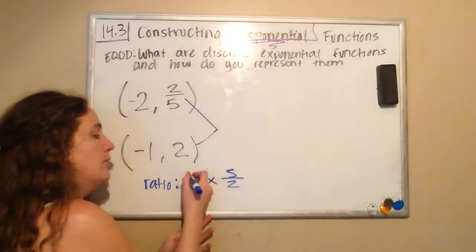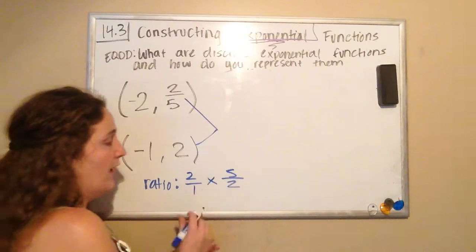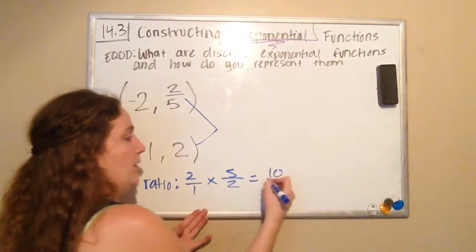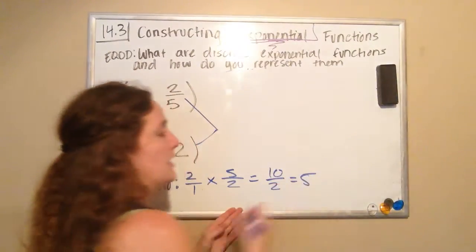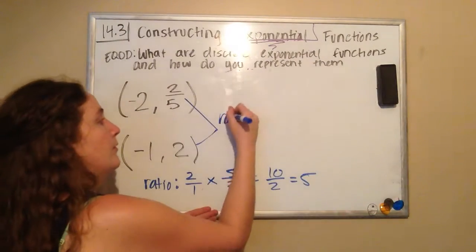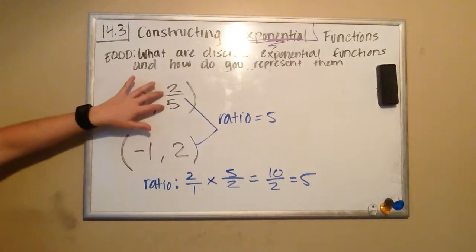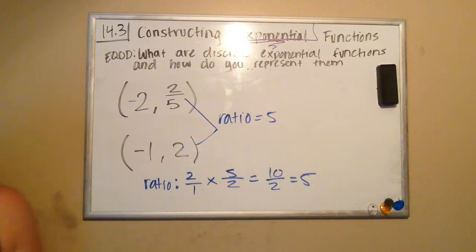We can change this 2 into a fraction, and when we do that, we have 2 times 5 is 10, 2 times 1 is 2, which means we get 5. So our ratio is equal to 5 in this case. So if you multiplied this by 5, you would get 2.